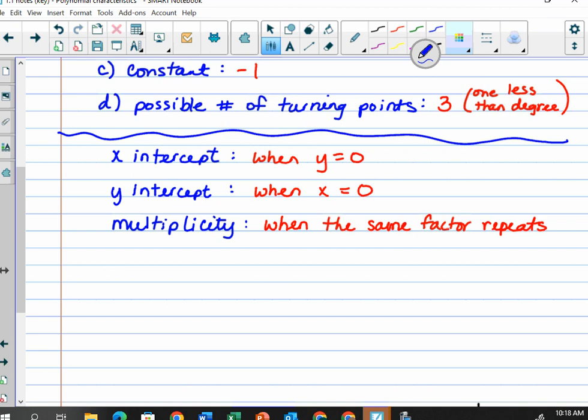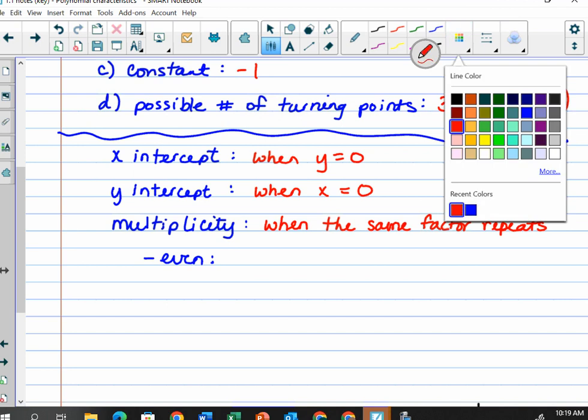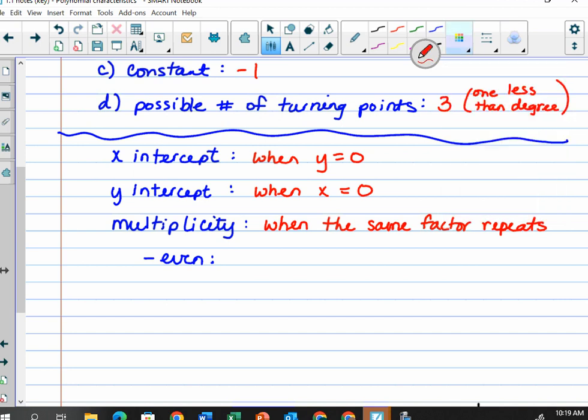And then there's 2 kinds of multiplicity. We have even multiplicity. What this does on your graph, it creates a bounce, like your graph is going to bounce off of the x-axis. If you have even multiplicity, think about a quadratic, right? It comes down to the vertex and then turns right around and goes back up. The technical term is point of tangency, but I know what you mean if you say bounce.